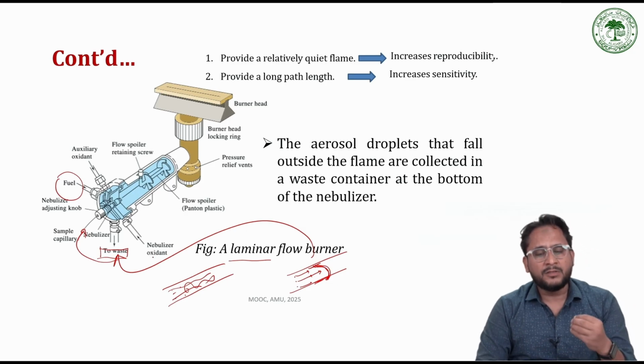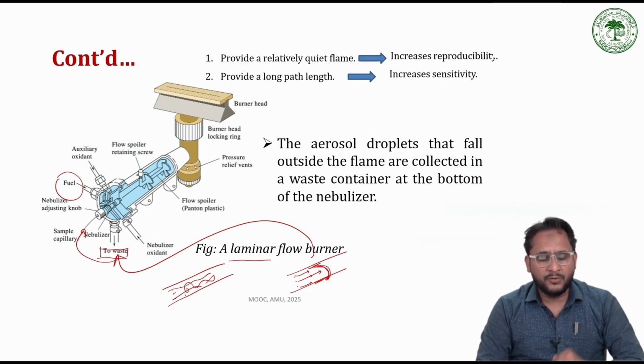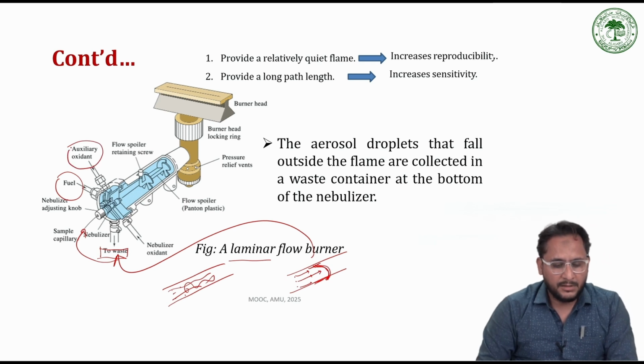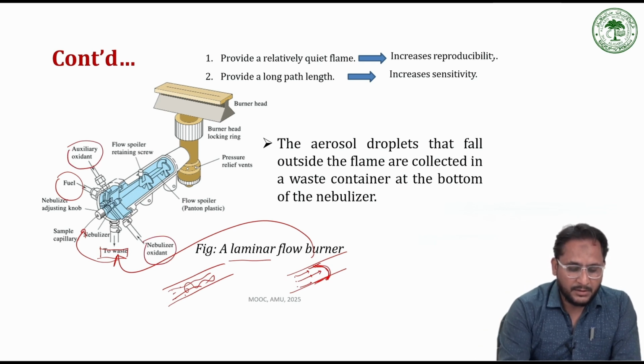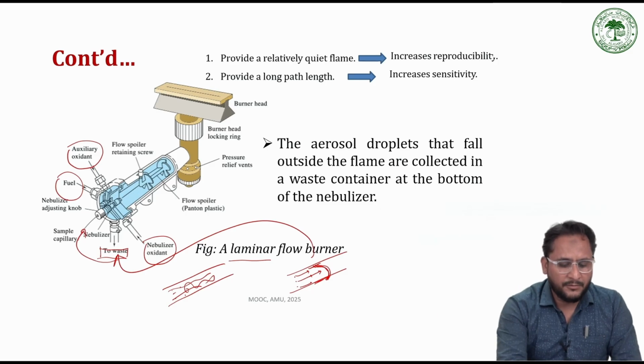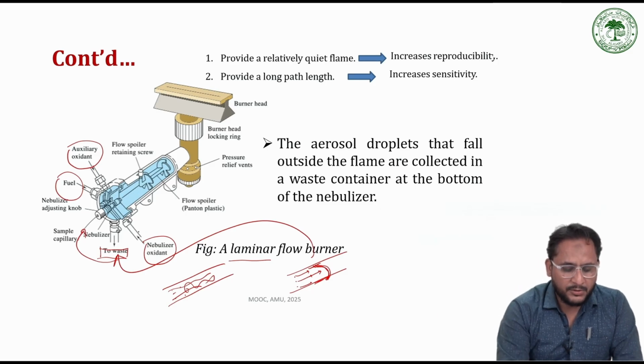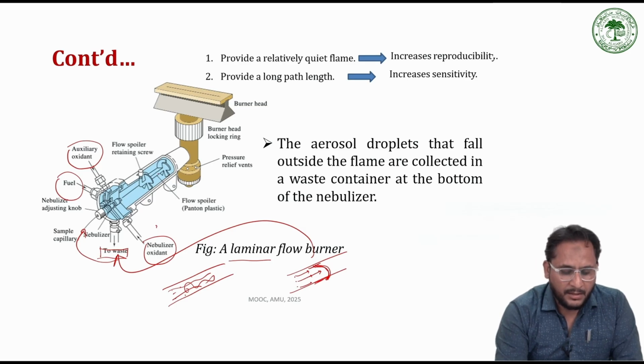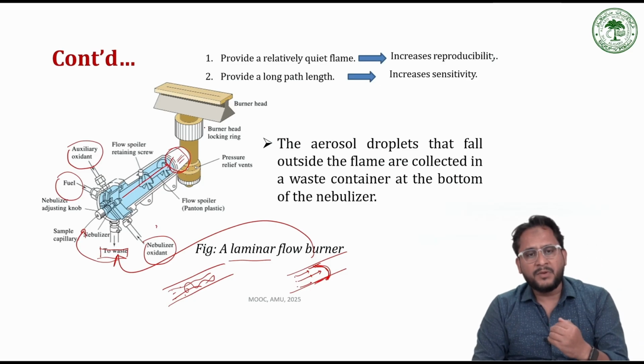The purpose of the oxidant is to oxidize the fuel, and here we have auxiliary oxidant and nebulizer oxidant. Auxiliary oxidant burns the fuel, while nebulizer oxidant is used to convert sample into an aerosol. Then, as I said, it creates a negative pressure over here. So the sample is injected at very high pressure into this atomizer, where the sample is burnt.